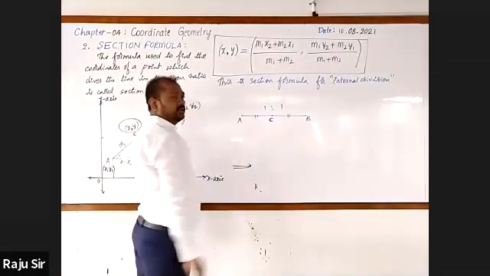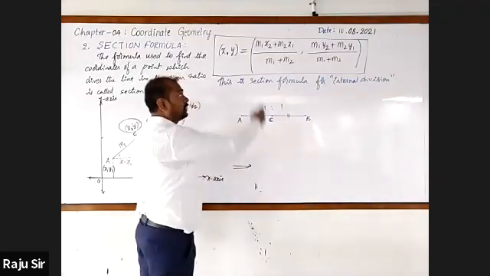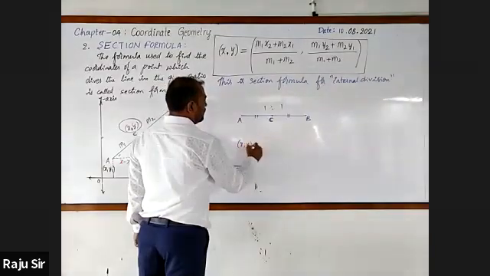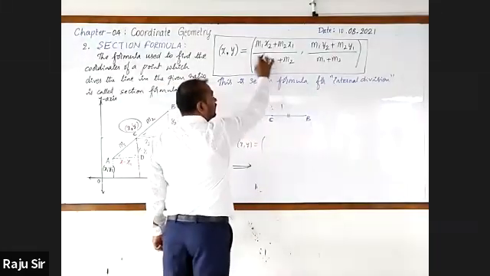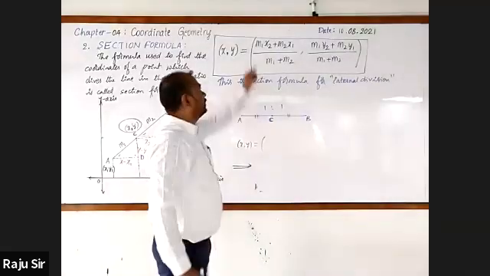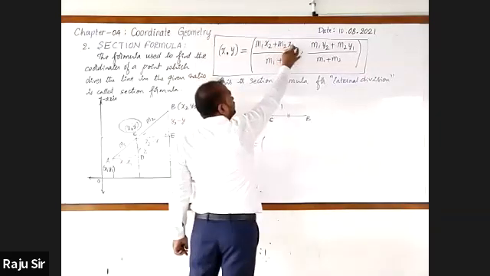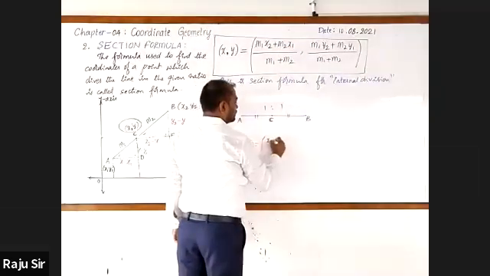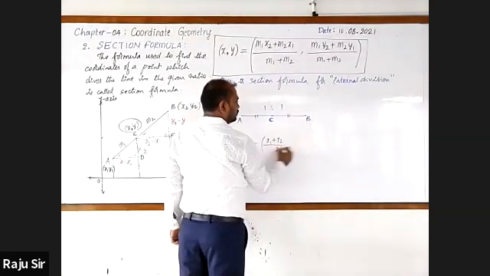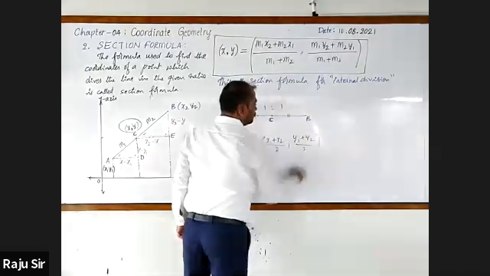Substitute m1 and m2 in the formula. In place of m1 and m2, put 1 and 1. What comes? How do you rewrite this? 1 into x2 plus 1 into x1 by 1 plus 1, and 1 into y2 plus 1 into y1 by 1 plus 1. That is x1 plus x2 by 2, y1 plus y2 by 2.